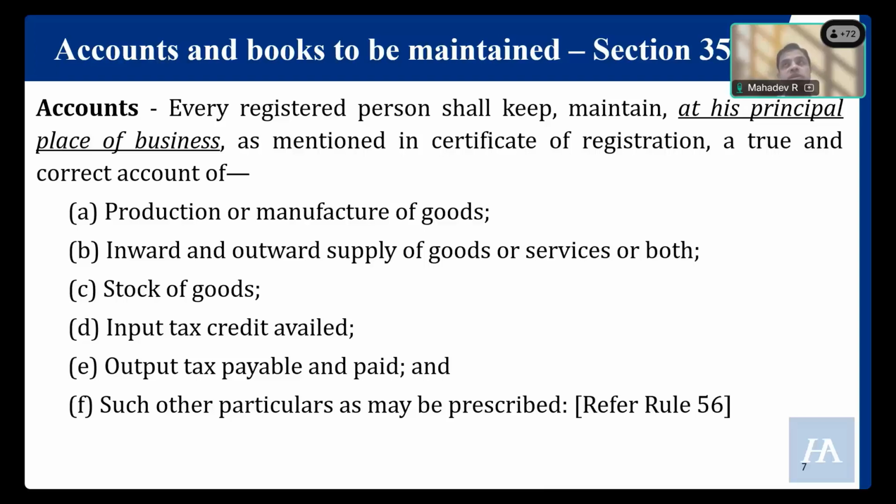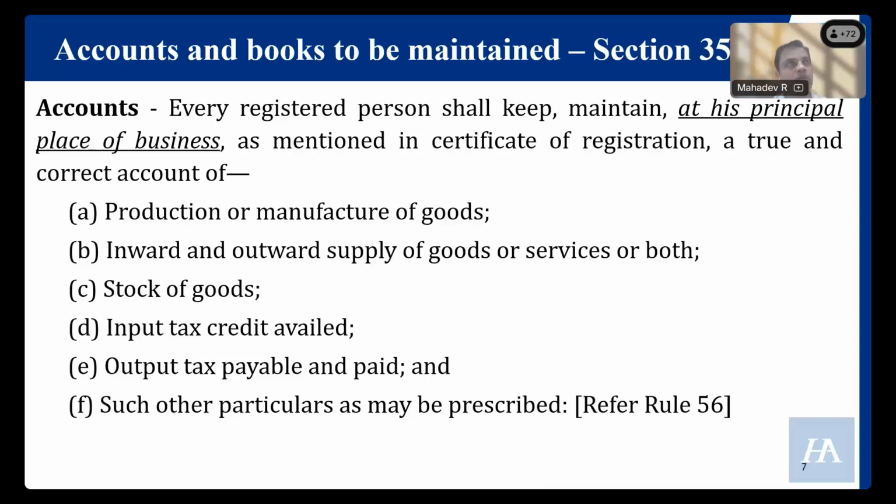So section 35 says every registered person shall maintain certain records at his principal place of business. So what is principal place of business? When you see your registration certificate, you will find one address as principal place of business.